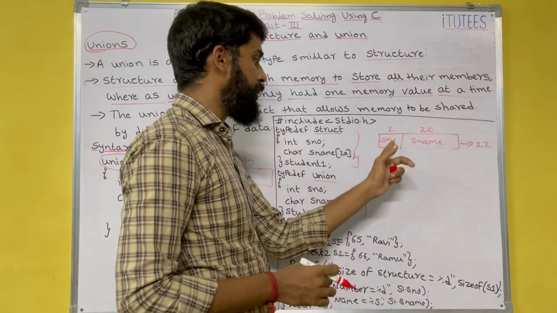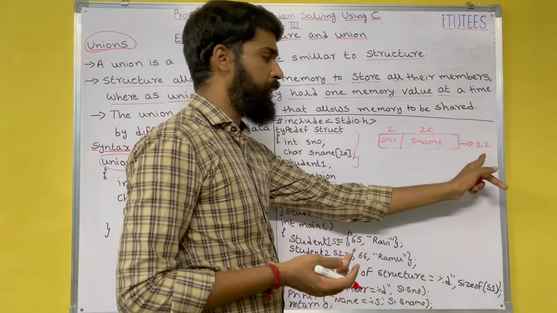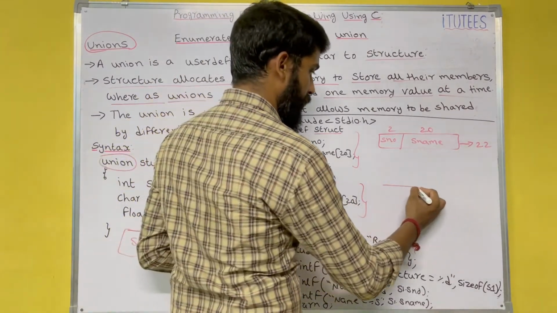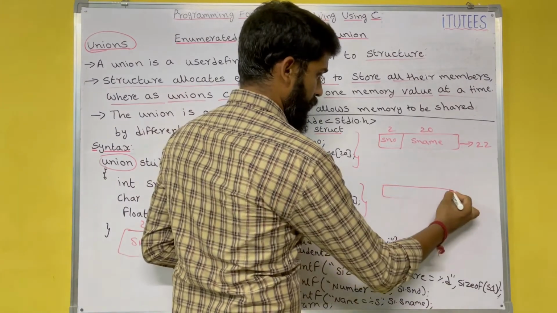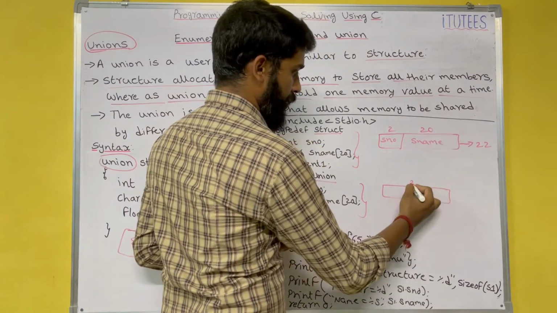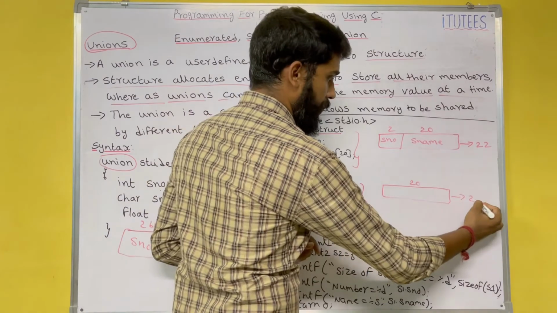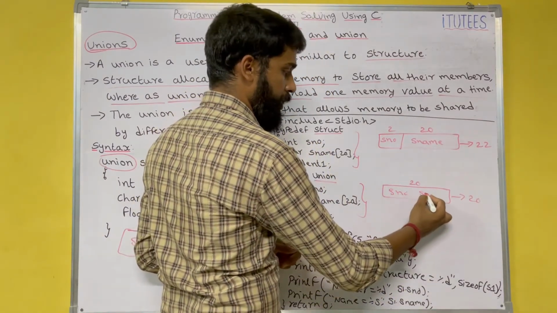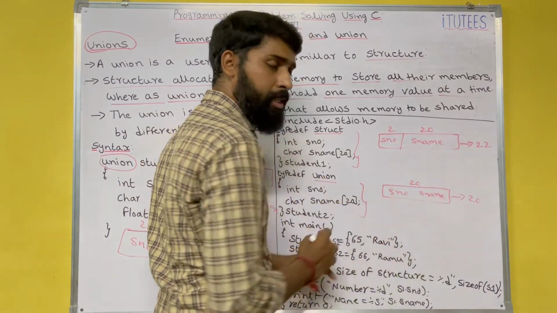In some compilers the size of the integer is 4, then it is 24. Now coming to the union, only the highest one, 20, matters. So only these 20 bytes are used for both S number and S name.